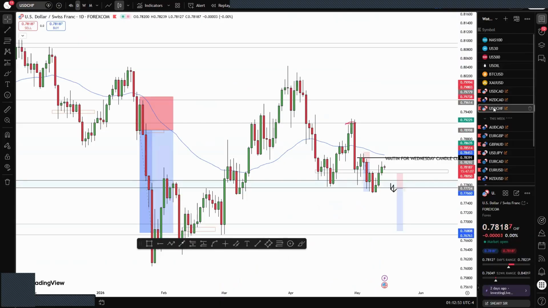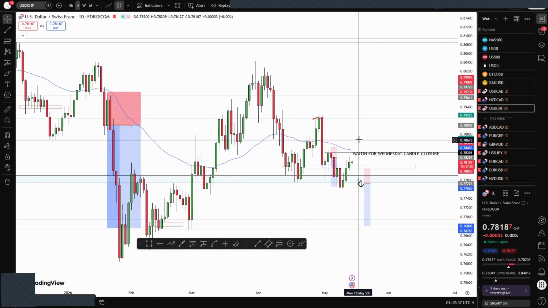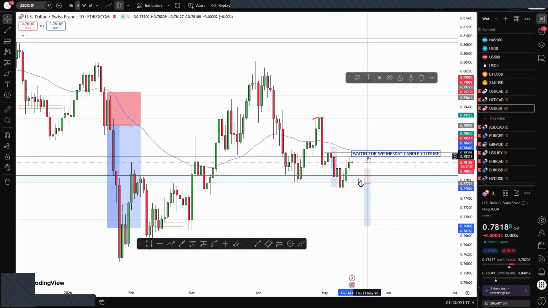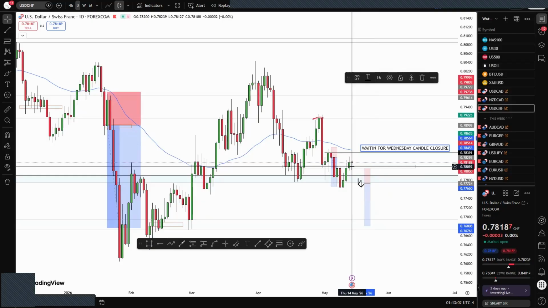This is USD CHF on the daily time frame. So we are waiting for this Wednesday candle closure, and you can see price didn't break below neither.